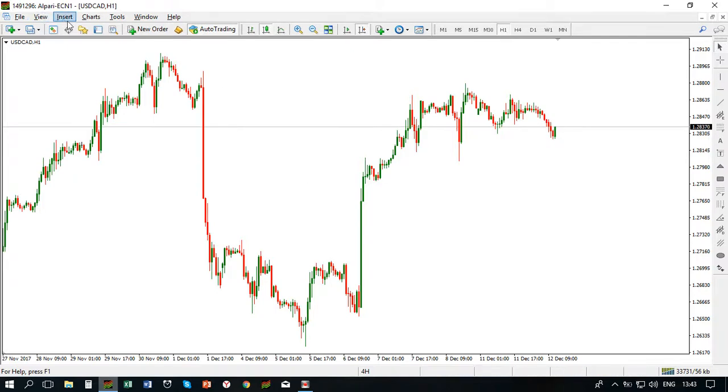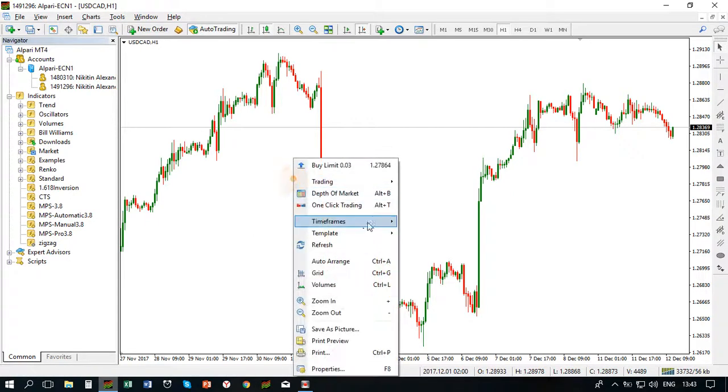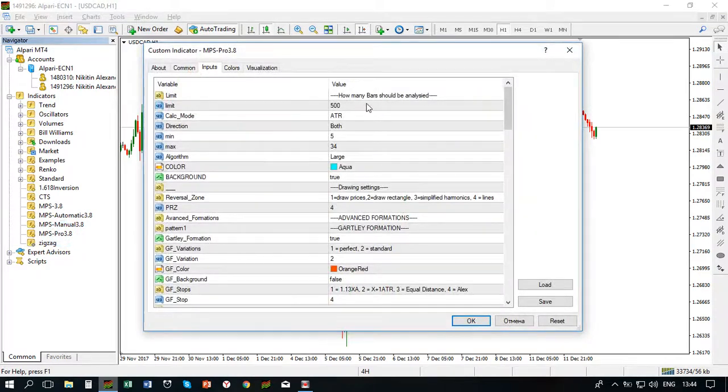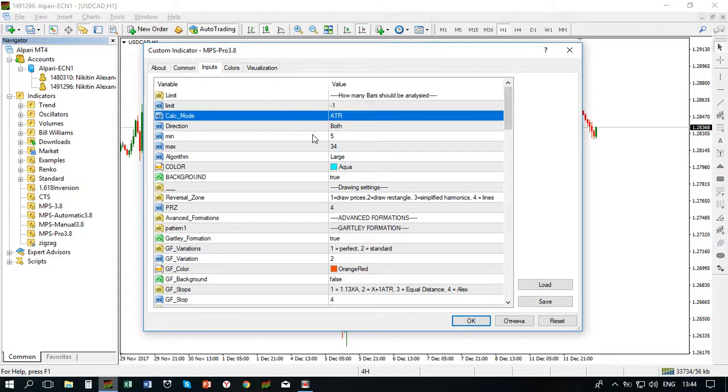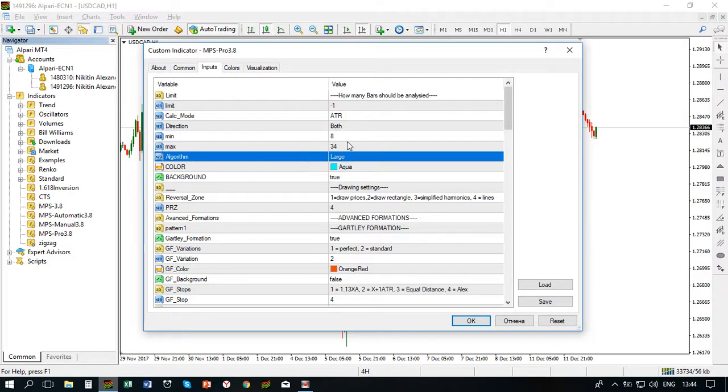Okay, as I told you at the beginning of this video, I am a programmer and the creator of Monster Pattern Search. It is pretty simple for me to do the backtest using the historical function of that. I simply type -1. I set a limitation of the XA leg size from 8 to 34 ATRs.